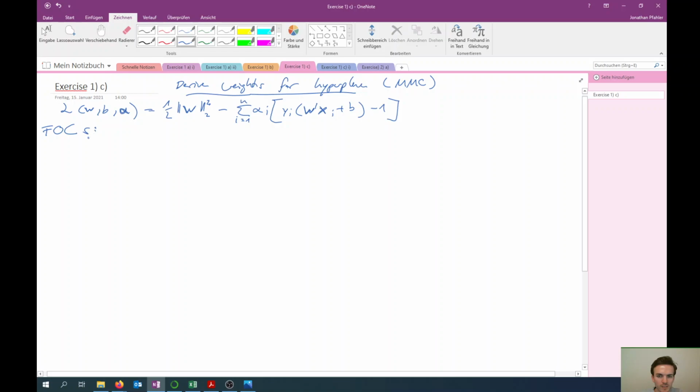So now let's first note down the first order conditions of the Lagrangian. Here we take the partial derivative of this function with respect to a single weight, weight j.